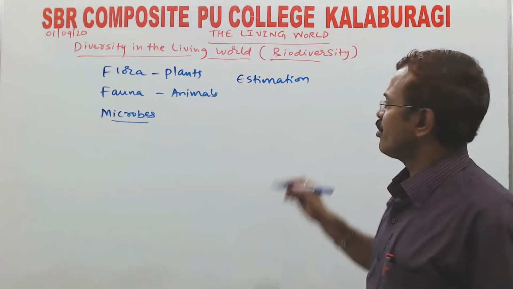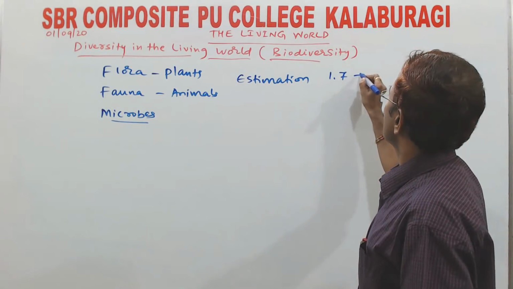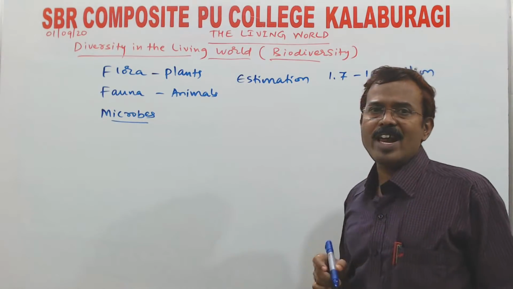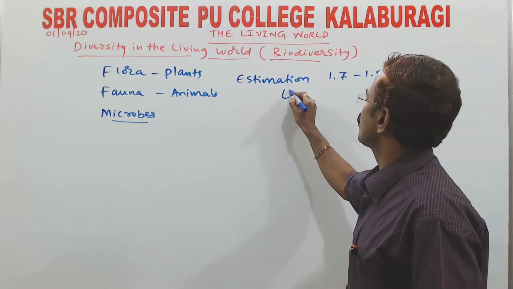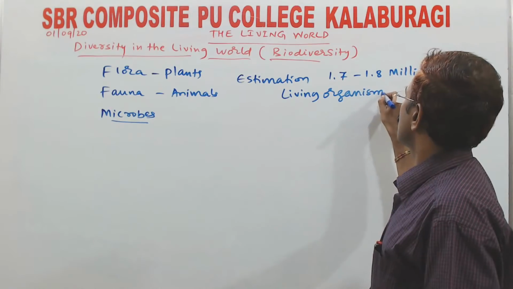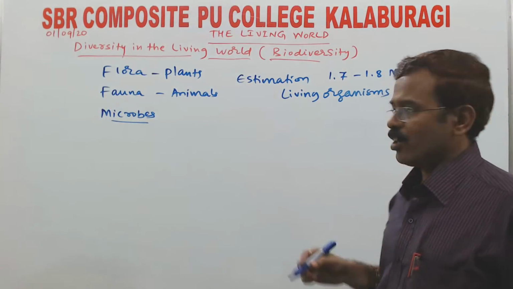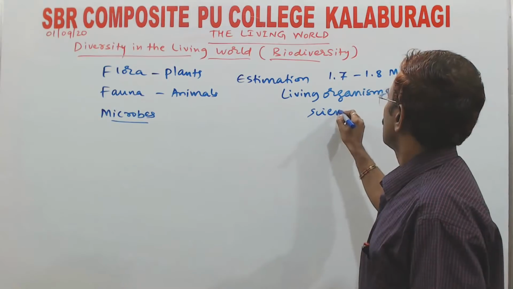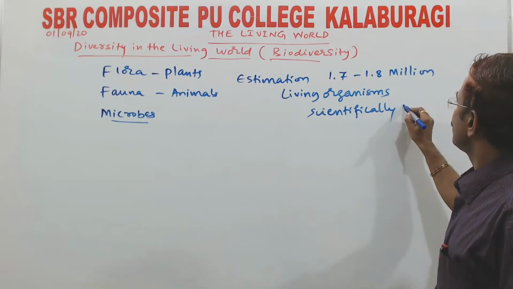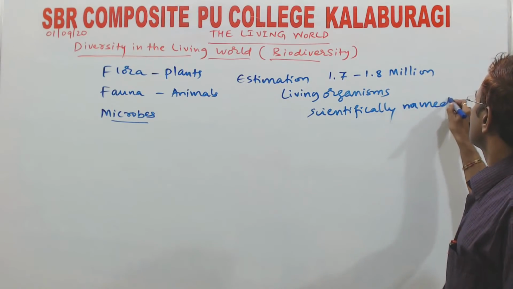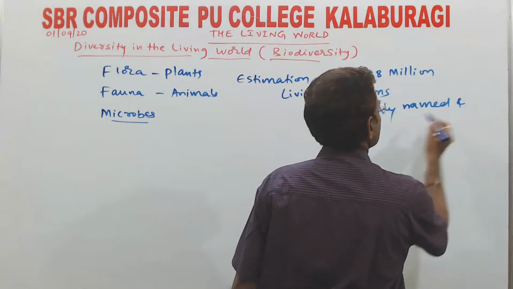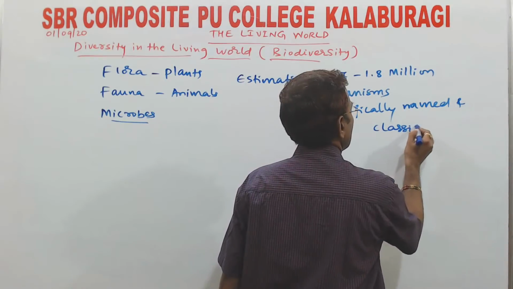The present estimation of the range is between 1.7 to 1.8 million living organisms that have been scientifically named and classified.